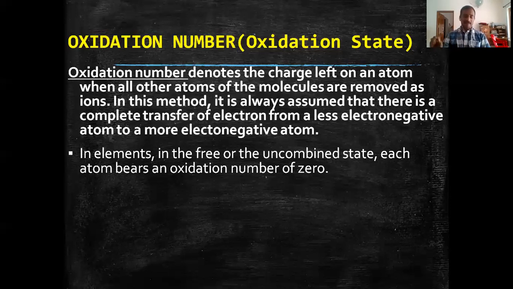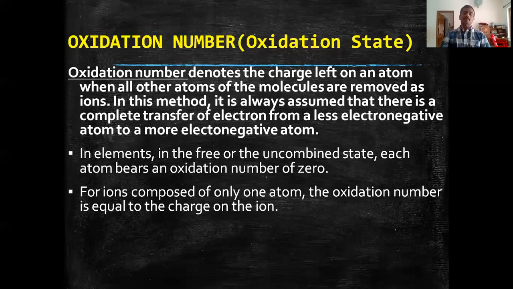So in elemental state, oxidation state is 0. And for ions composed of only one atom, Al3+, O2-, the oxidation number is equal to the charge on them. So for Al3+, what is the oxidation number? 3+.